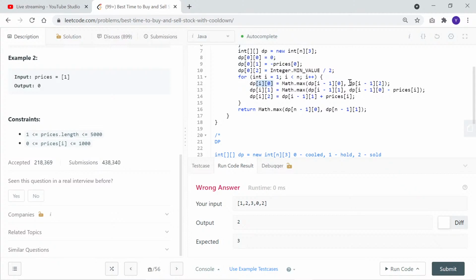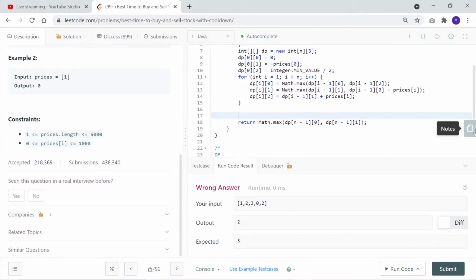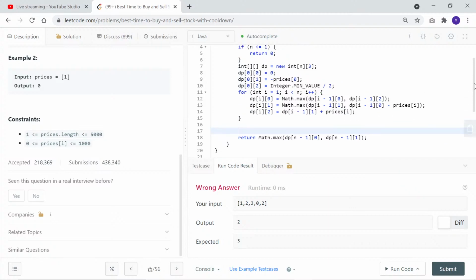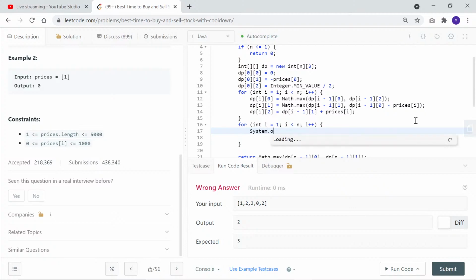Also, I think to debug this, we can print out all the DPs. So let me print out dp[i][0].